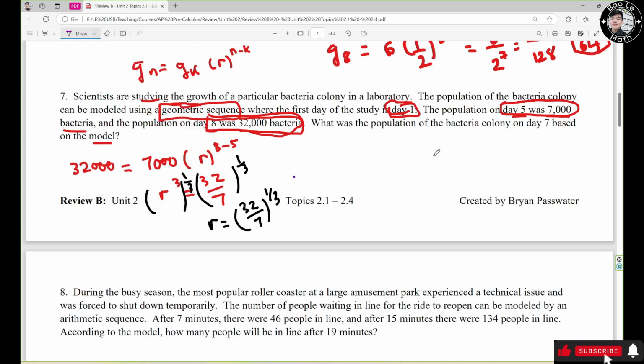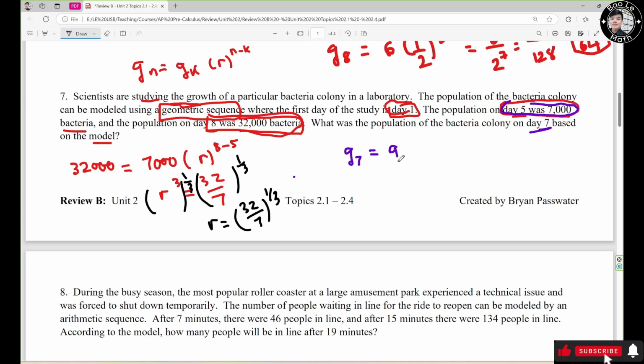Now we need to estimate the population of the bacterial colony on day 7, right? So we're going to use this formula again. So we have g sub 7 equals g sub k. We can pick the fifth day as g sub k, right?